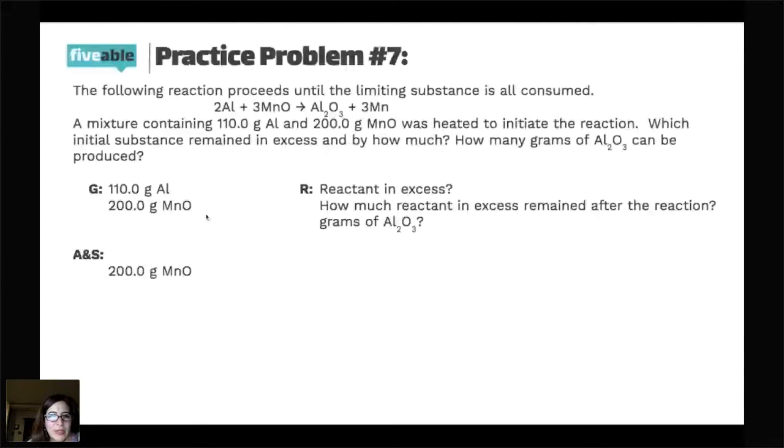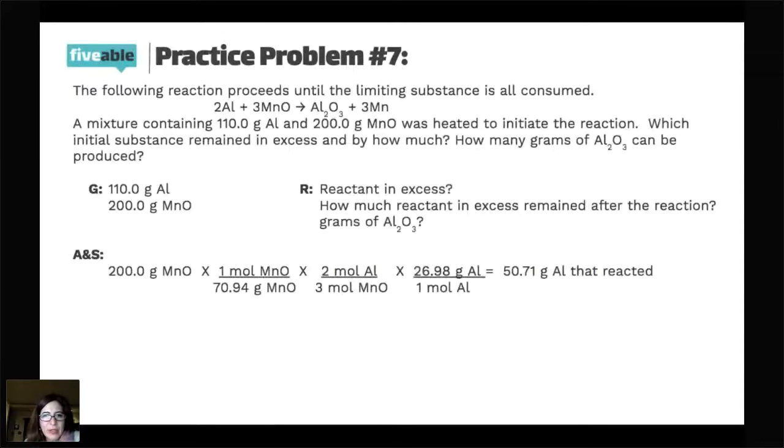Grams to moles, moles to moles of the required, moles to grams. And this is the amount of aluminum that reacted with the 200 grams of manganese oxide.